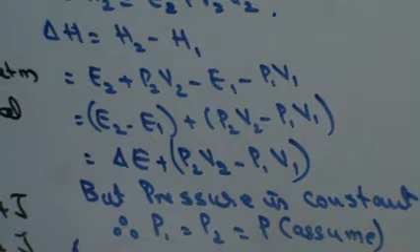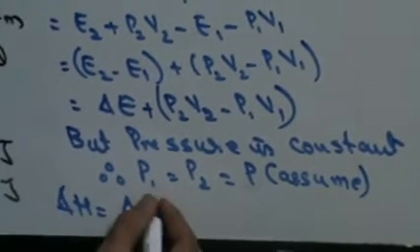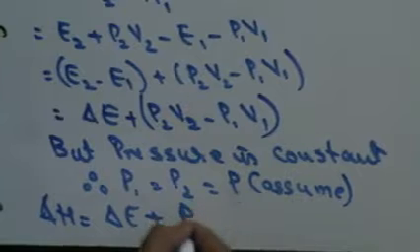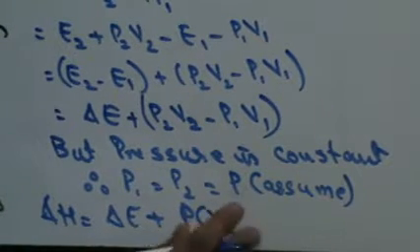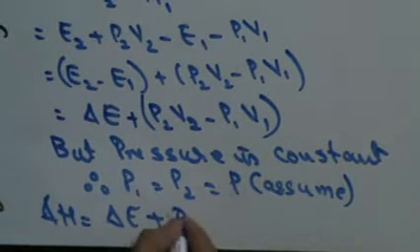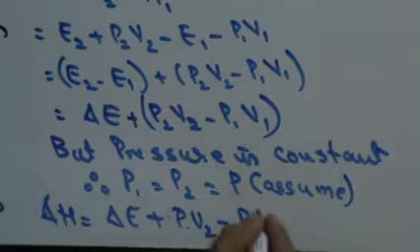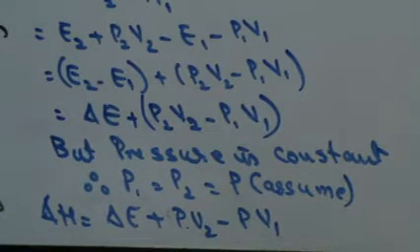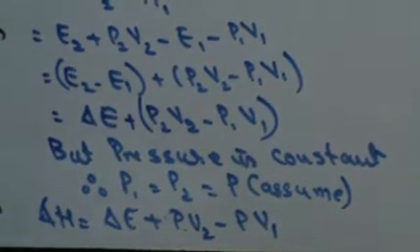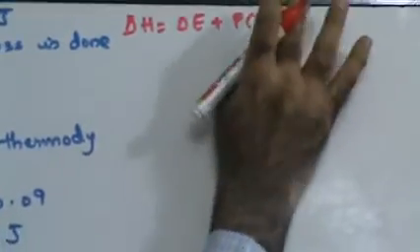Therefore I can say that delta H is equal to delta E plus PV2 minus PV1. Here I could take P common, so change in enthalpy is delta E plus P times V2 minus V1.